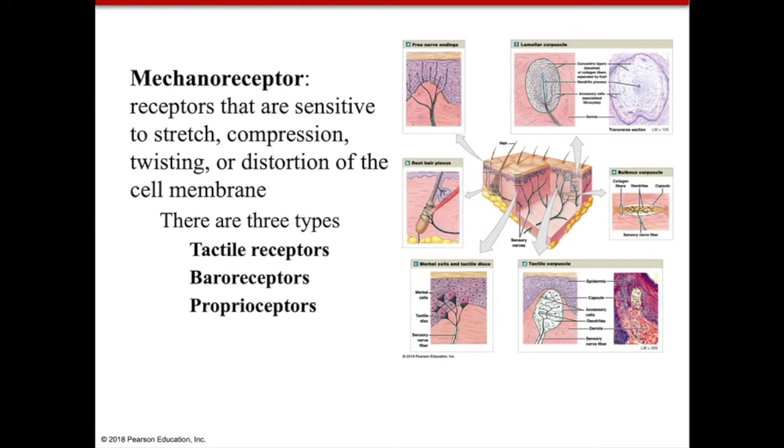We'll focus on the tactile, so on the touch, but we can also use mechanoreceptors for baroreceptors, so receptors for blood pressure, for example, although there are other pressure receptors, for example, the distension that our bowels have when the feces are there. All those are baroreceptors, sometimes called stretch receptors, and proprioceptors also, which sense the position of the muscles and the tendons and the bones.